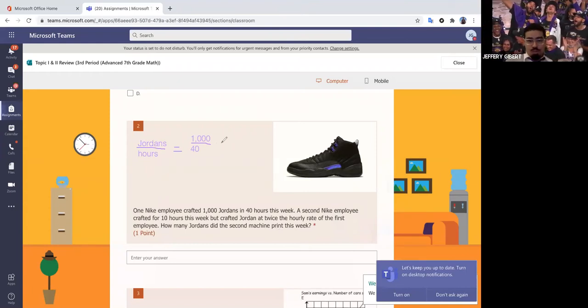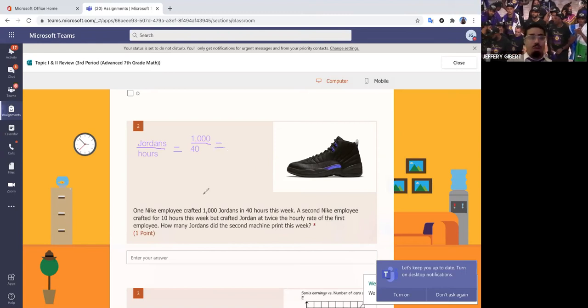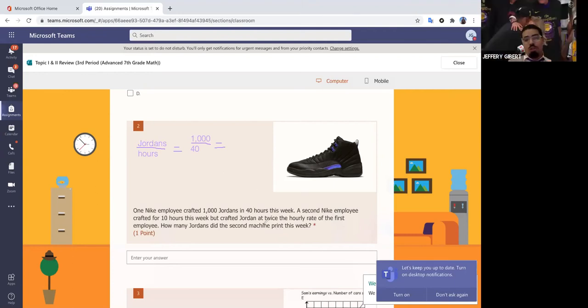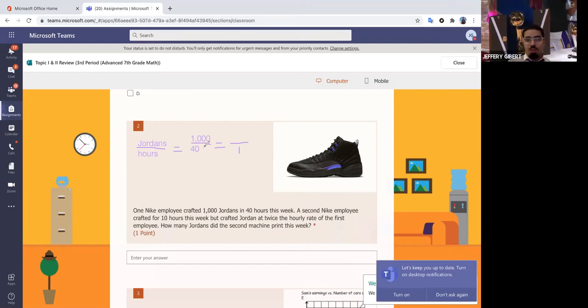The way you do this is you have to find out how many Jordans the first employee crafted in a week for the hourly rate. So they did 1,000 at 40 hours. To find out how much they did in 1 hour, you just do the top divided by the bottom, because 40 divided by 40 is 1.